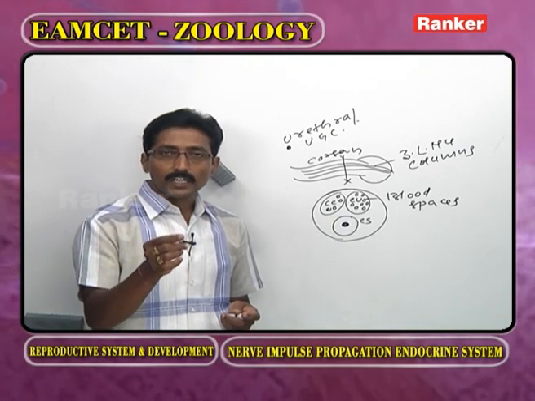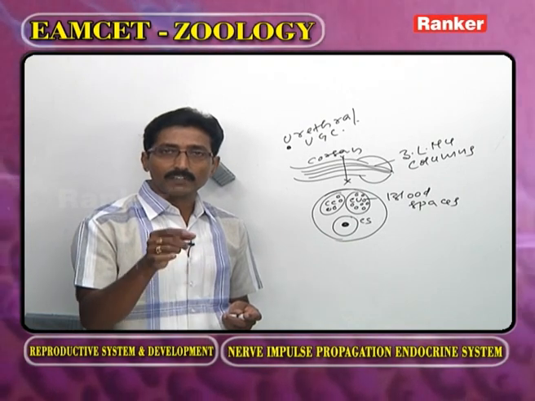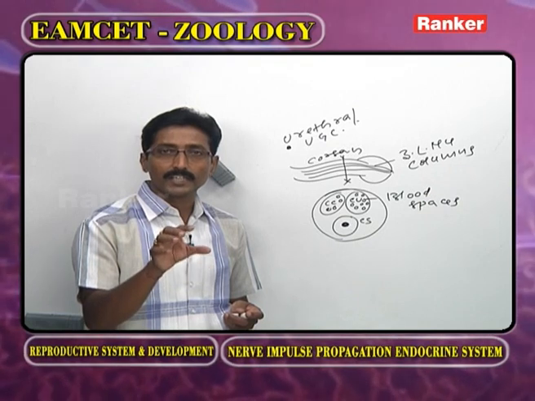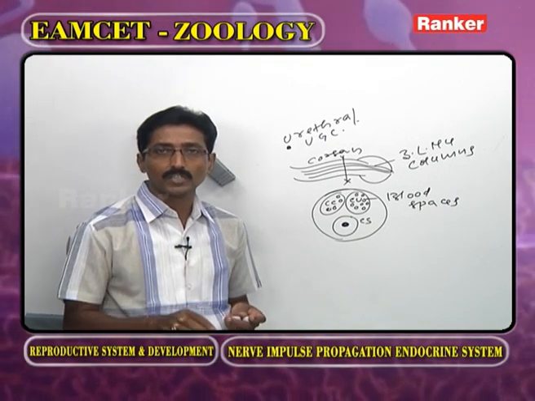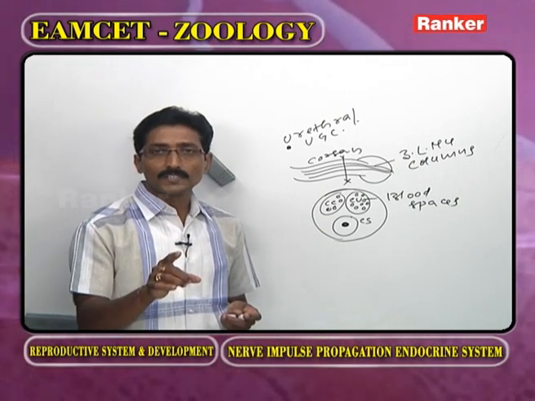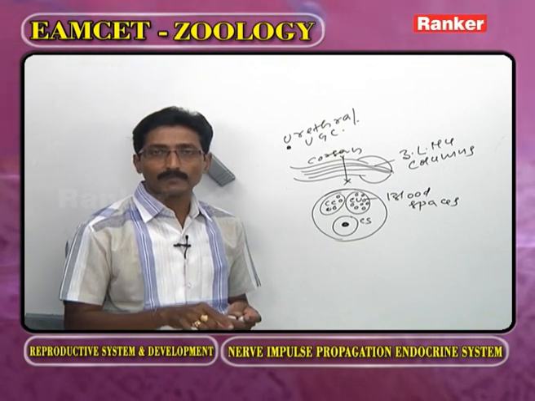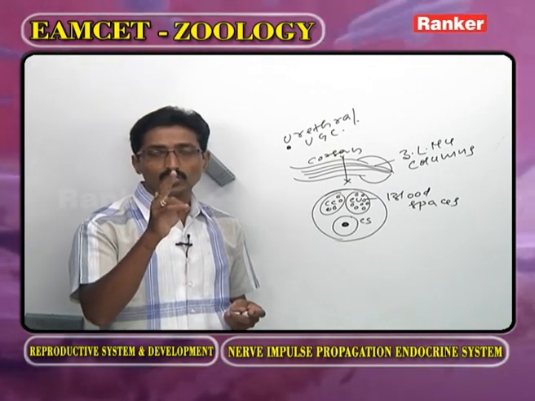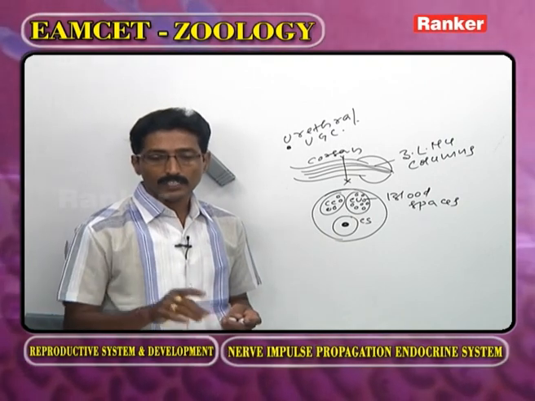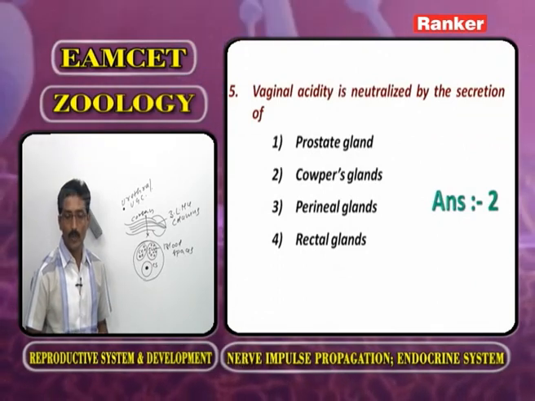So in order to neutralize the acidity in the vaginal cavity, the secretions of which glands play an important role? That we call the Cowper's glands. The Cowper's glands are present only in the male animal. Number of Cowper's glands 2. In the female, Cowper's glands are absent. Now here the answer is the Cowper's glands. Now we go for the next question.